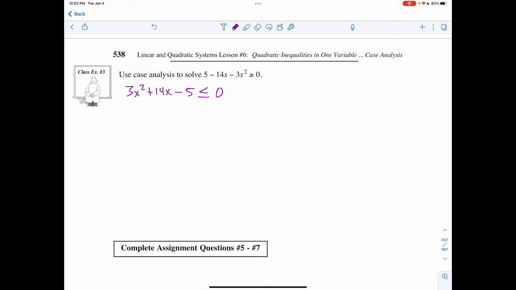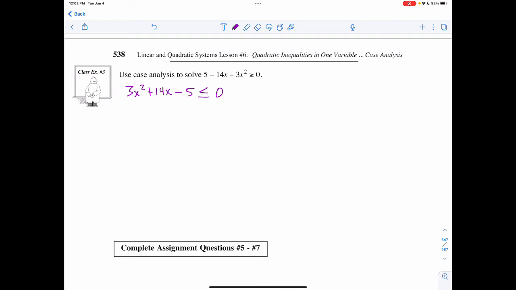Now the second thing I have to be able to do is factor this down. Well, if you want, you can find the roots using any other algebraic method that you deem necessary.